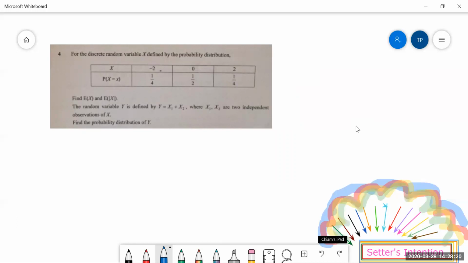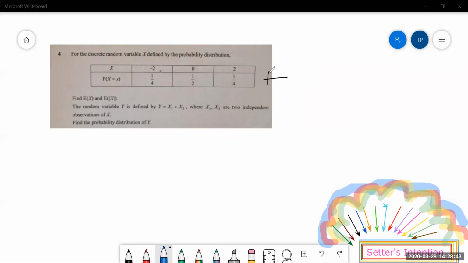Okay. Question 4. For the discrete random variable x, define the probability distribution. They gave you the PDF, right?